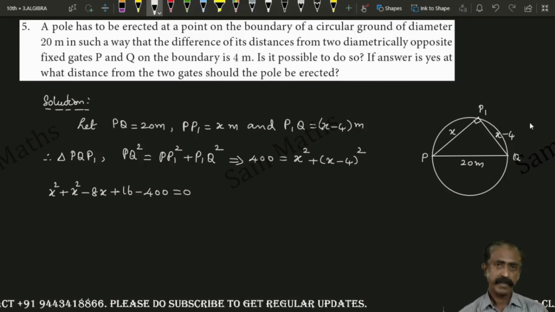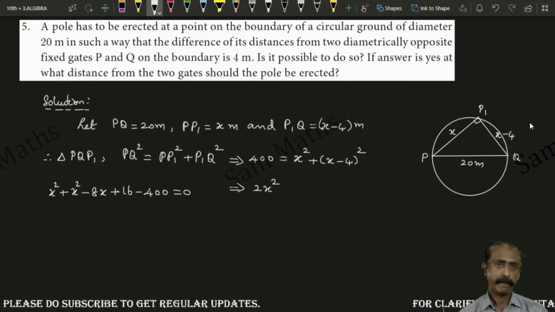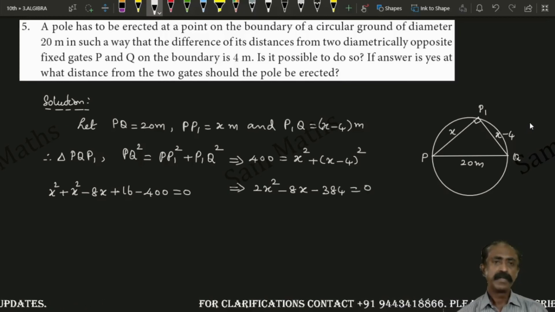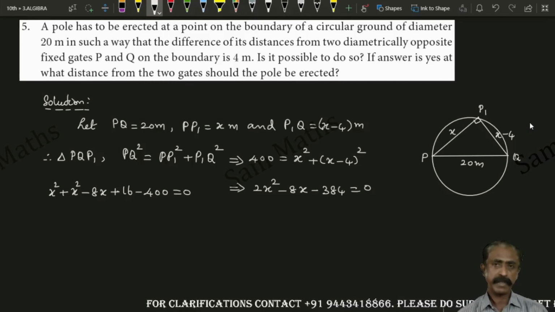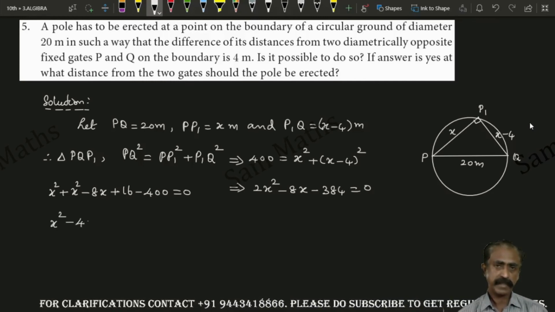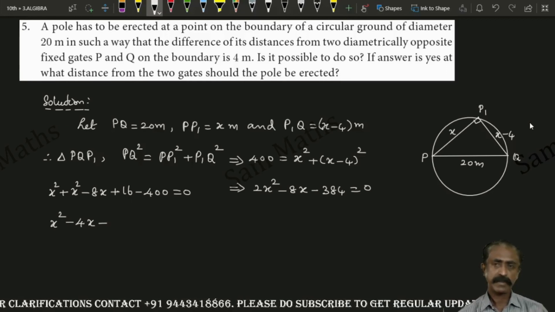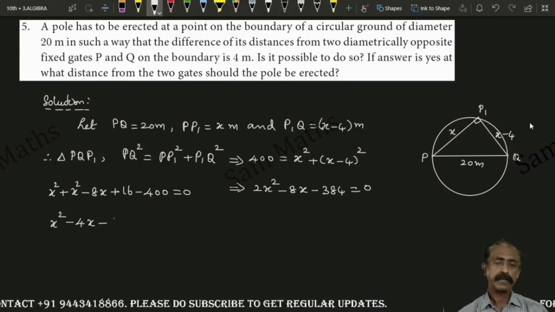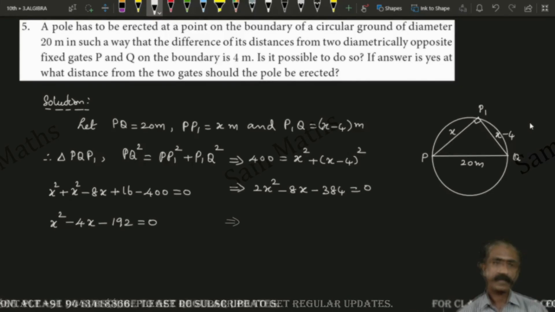Which implies 2x square minus 8x minus 384 equal to 0. We can divide by 2. It becomes x square minus 4x minus 192 is equal to 0.